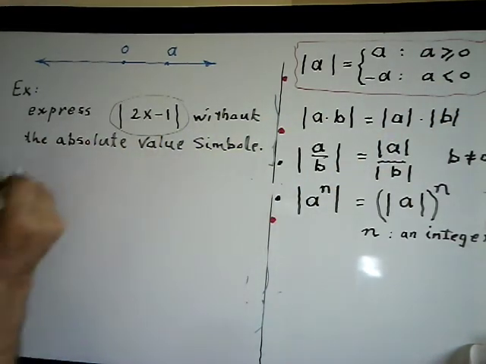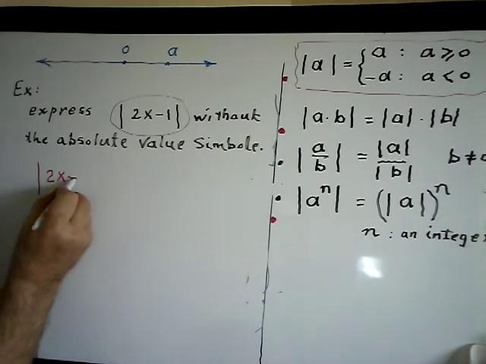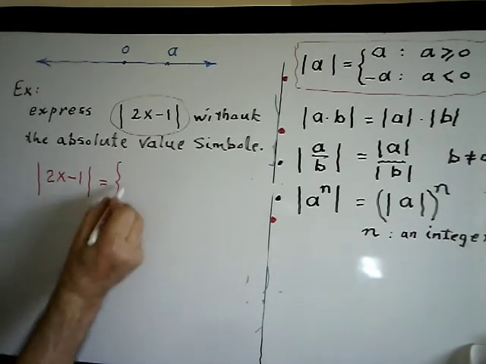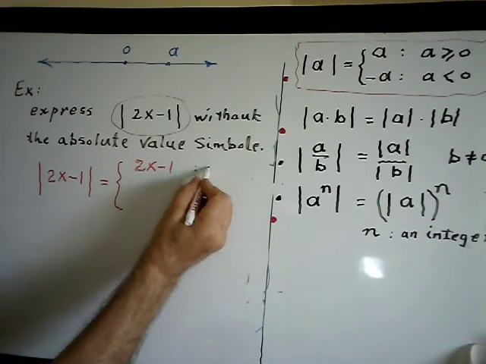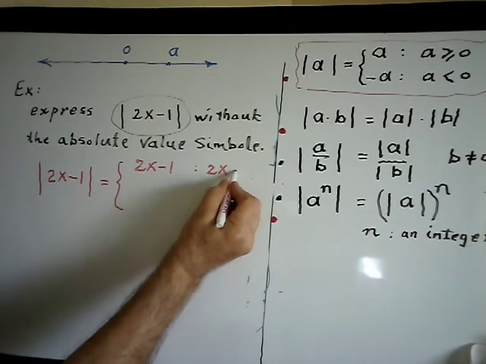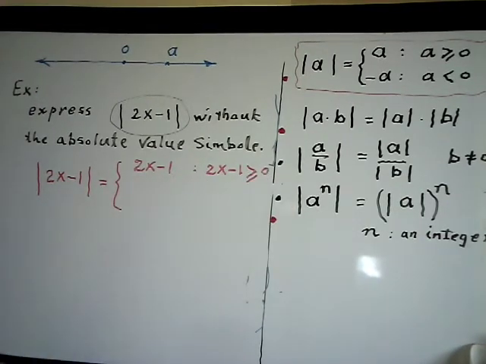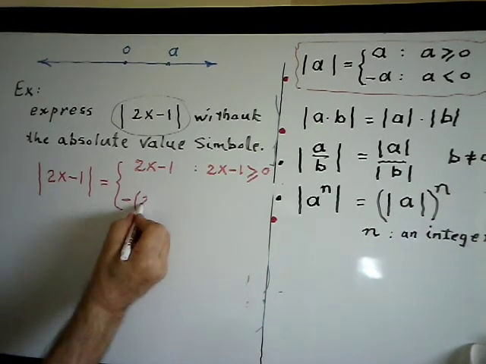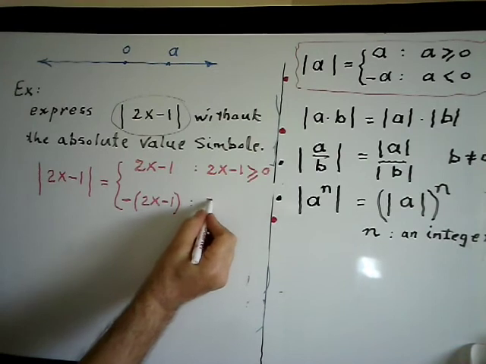So we'll take this and write it under this definition by saying absolute value for 2x minus 1 equals 2x minus 1 when 2x minus 1 is positive or 0, or negative 2x minus 1 when 2x minus 1 is negative.